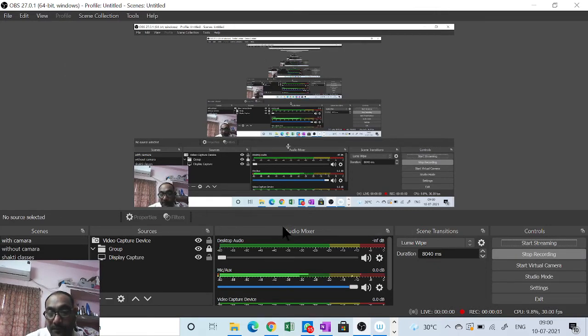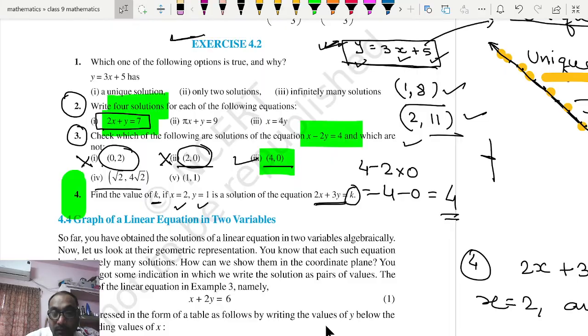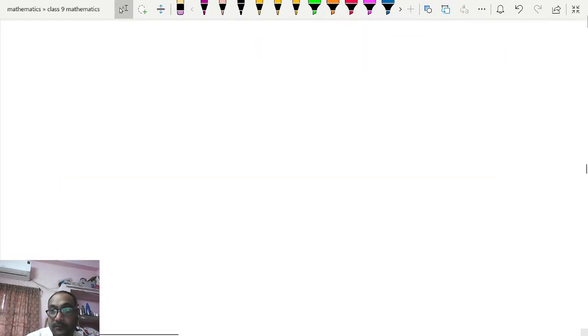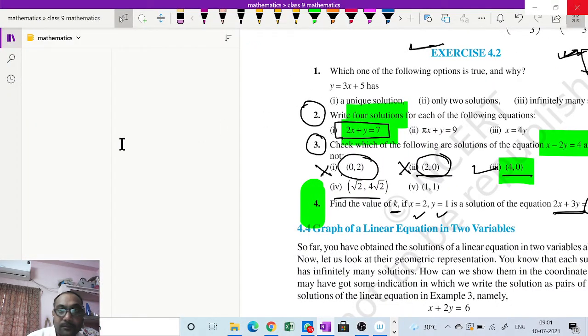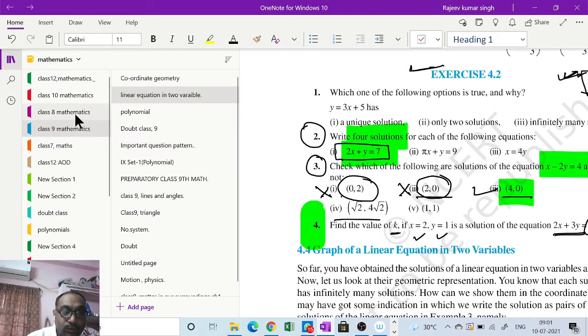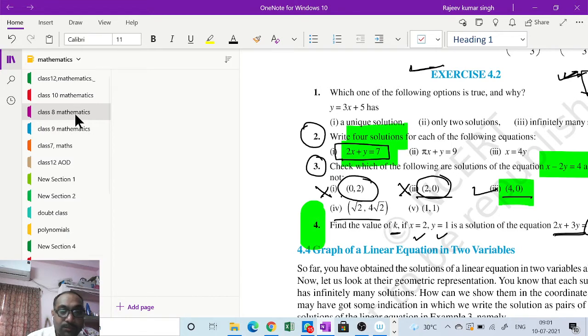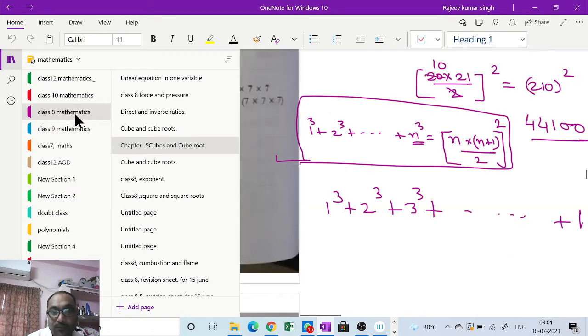Class 8. It is a very important class going to be taken. As you all have studied cubes and cube roots, and cubes and cube roots is the most important chapter after squares and square roots.